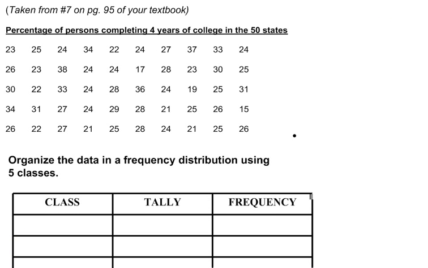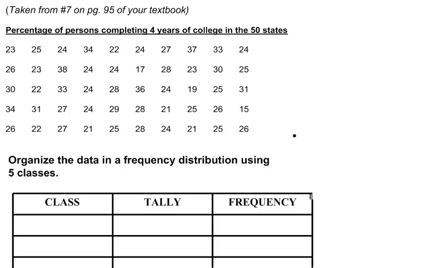The first problem we're going to look at is taken from number 7 on the page 95 assignment, and we've been given a list of percentages of persons completing 4 years of college in each of the 50 states. So basically in every state they've got a percentage of persons completing 4 years of college, and they recorded that for each of the 50 states.